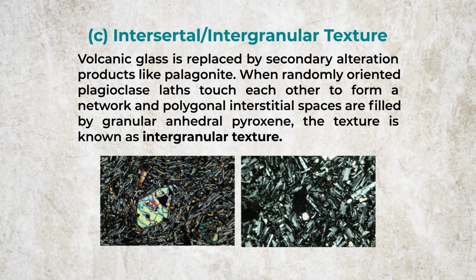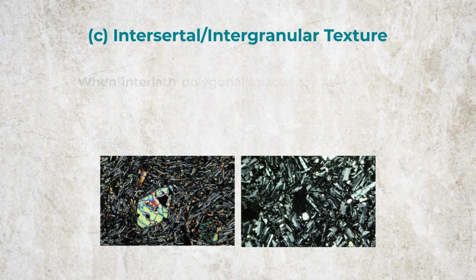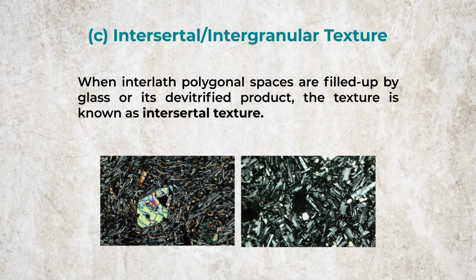When randomly oriented plagioclase laths touch each other to form a network and polygonal interstitial spaces are filled up by granular anhedral pyroxene grains, the texture is known as intergranular texture. When interlath polygonal spaces are filled up by glass or its devitrified product, the texture is known as intersertal texture.